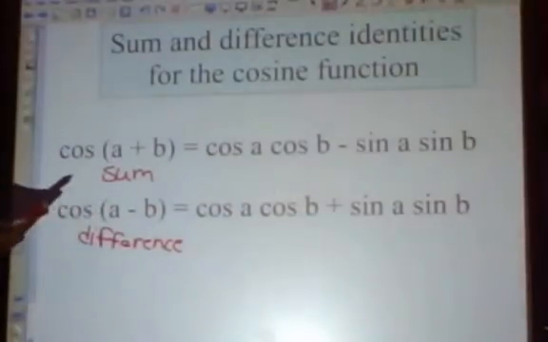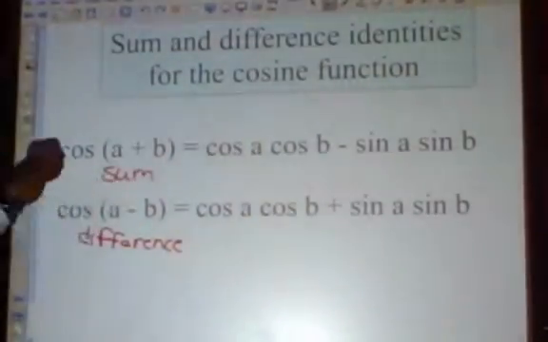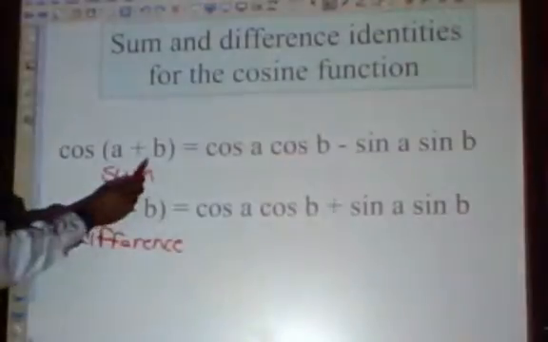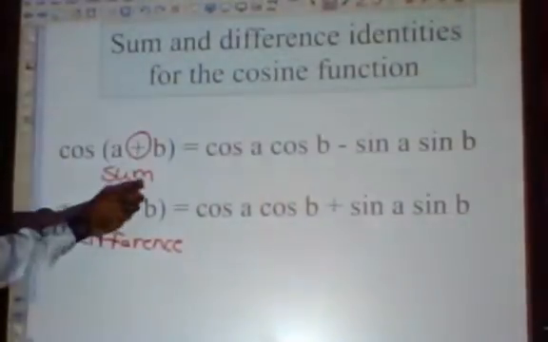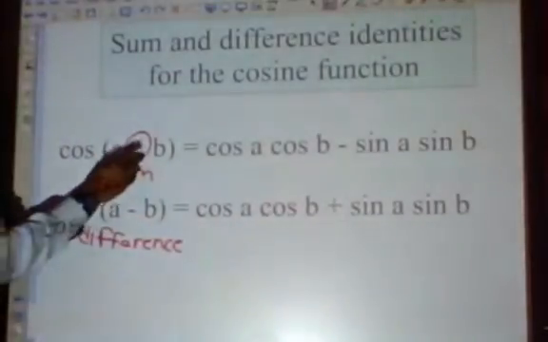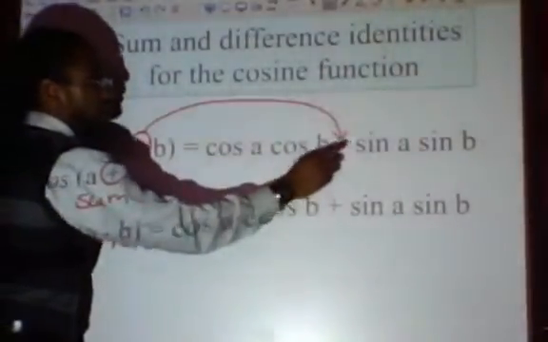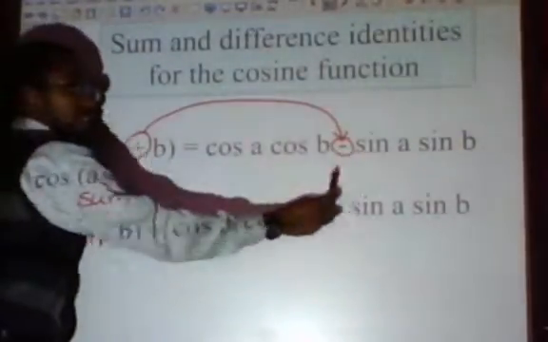With this, for the sum itself, we're adding. When it comes to these, we're actually going to be dealing with more than one trig function here. So we're going to take a look at our signs. If it's the sum part, the plus, it's going to change signs in the middle.